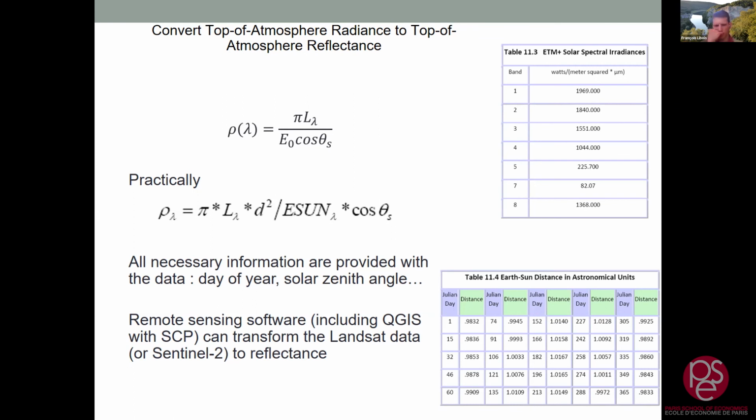To answer your question, François, practically what we have to do is to use this equation. In theory, we have to do this equation, but practically we have to use this one that I copied from the Landsat user manual, which is how to calculate E0 using tabulated data.